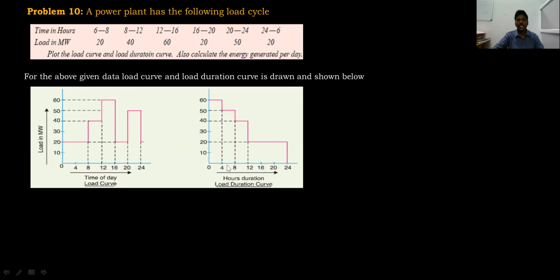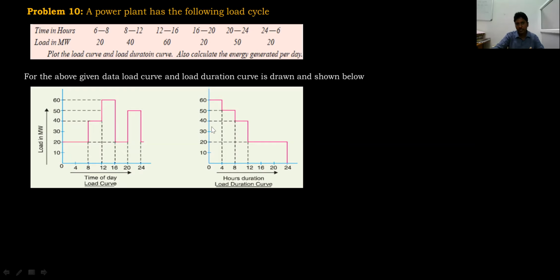In the same way, in descending order, we need to draw the load duration curve, and the area under the curve gives the total number of units generated in a day. For 0 to 8 hours, the load is 20, so 8 into 20, plus 4 into 40 for 8 to 12. In the same way, we find all these areas and add them to get the area under the curve, that is, the number of units generated.